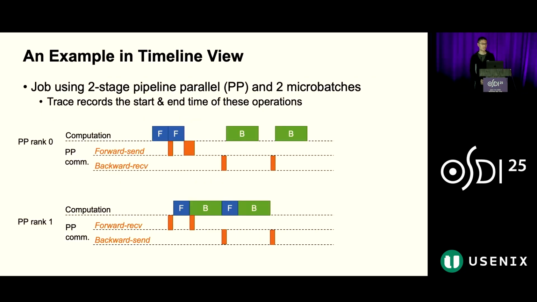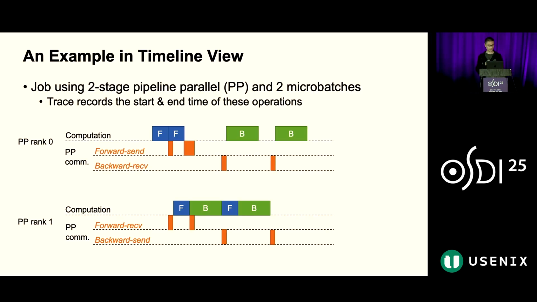And this may be clear with an example in this timeline view. So here shows a job using two-stage pipeline parallelism and with 2 microbatches. The trace will record the start and end times of the following operations represented in the boxes here.